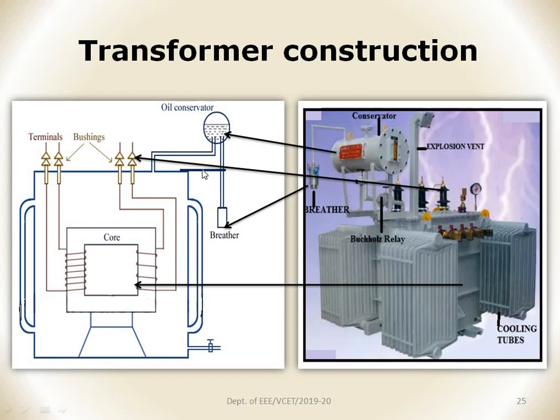Here is the bushing representation, and the terminals taken out from the primary and secondary are represented here. And this one is called the breather of the transformer, the most important part of the transformer, I can say. The name breather says its role: the oil level and the oil purity, or the moisture content present in the oil, will be indicated by the structure called the breather.